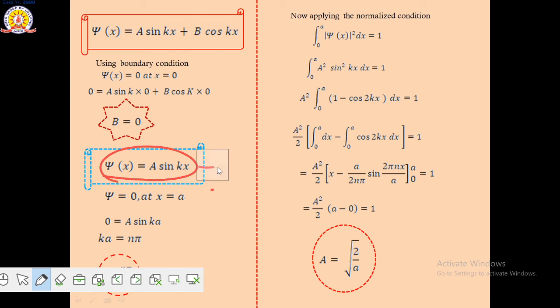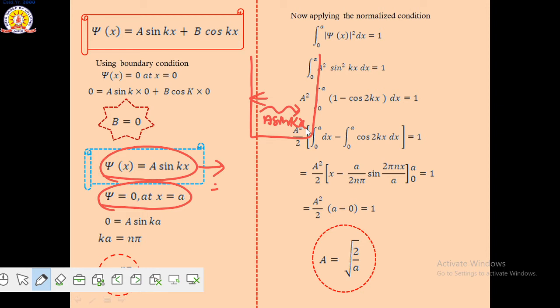After that, you have to apply the second boundary condition. It means in the one-dimensional box, after the particle collides with this wall, the particle will move toward the second wall of the box. So the motion of that particle will be described by the equation A sine kx. That equation is traveling toward the second wall of the box.